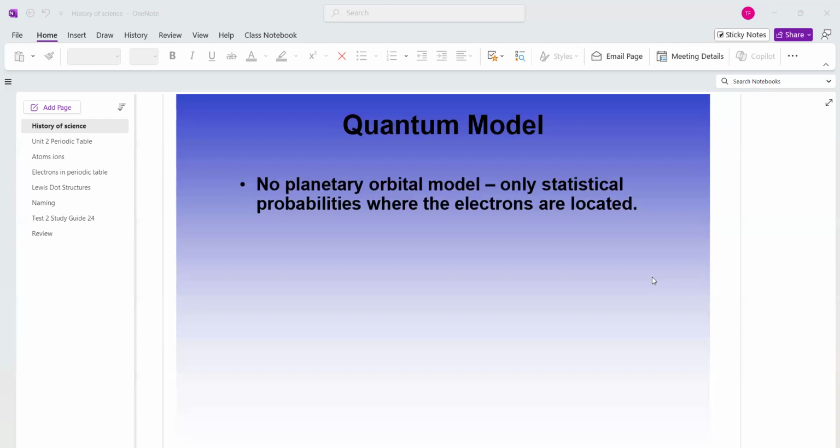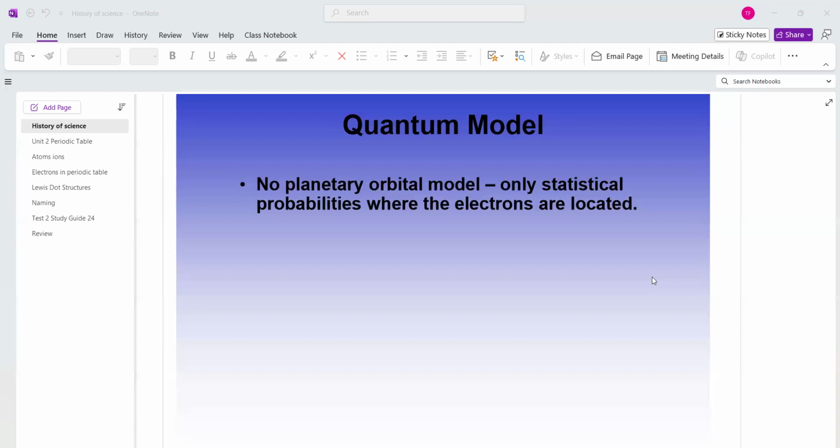So anywhere in that space, you can find an electron according to the quantum mechanical model. But some areas are more favored than others. Just like I can find a cigarette butt when I'm walking in the main entrance of Raleigh's. What are the chances of that? Very low, but the probability is there. But I know where to find most of them, on that side of the building. And that's exactly what quantum mechanics is all about. And that's where we are today, the quantum mechanical model.